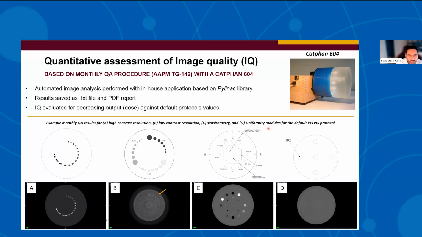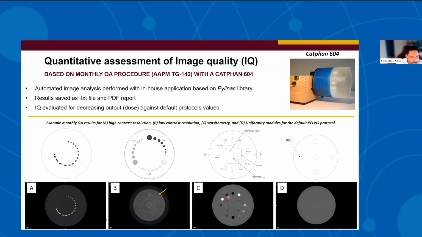Module C actually allows us to do several measurements. The first one is the Hounsfield unit sensitometry module. We have 10 targets ranging from minus 1,000 Hounsfield units for air, going up to plus 1,000 for Teflon. In between, you have different materials, for example PMP, low-density polyethylene, polystyrene, acrylic, and then materials mimicking bone with 20% and 50% density and so on.